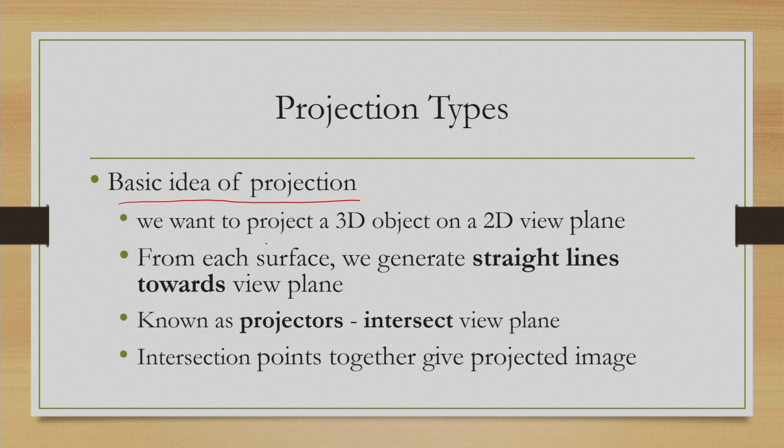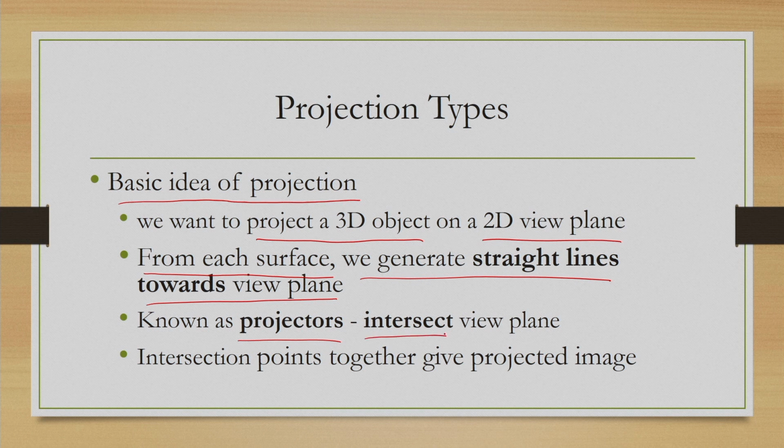So, what do we want? We want to project a 3D object on a 2D view plane. From each surface point of the objects that are present in the 3D scene, we generate straight lines towards the view plane in order to create that projected image. Now, these straight lines are known as projectors, and they intersect the view plane.